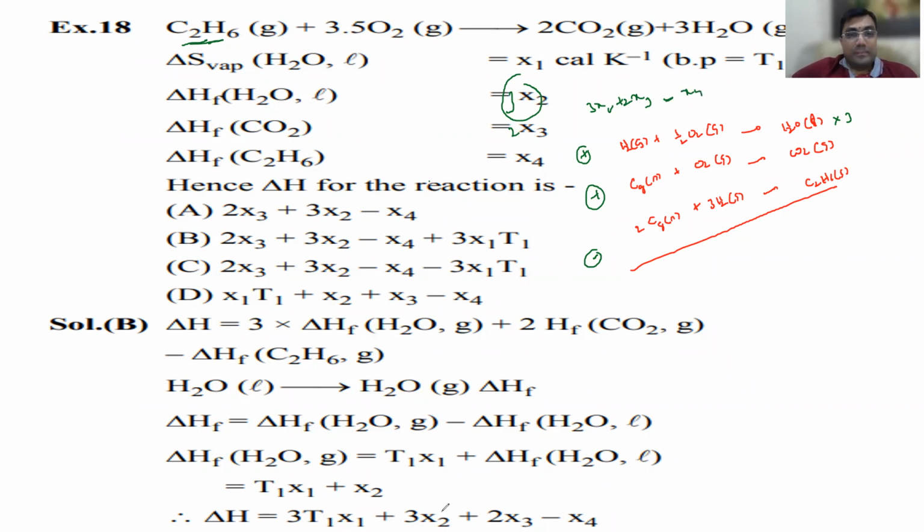Right only, na? Similarly, water molecule vaporization is given as x1. But how many molecules are there? 3. So that's why 3x1. Clear or not? So the answer is B. This one.